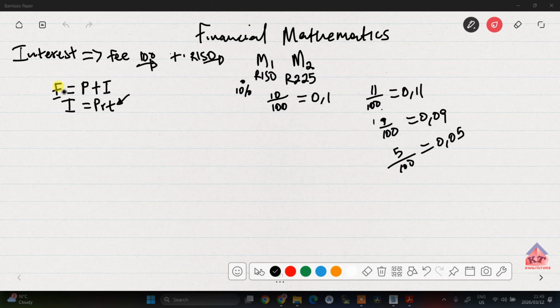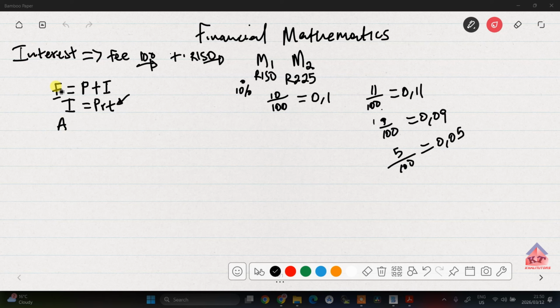You might see in some modules we are going to use S, in some modules we are going to use A, but it's rarely F. In this module we are going to use A to represent the future value or the accumulated sum. So whenever you see A, just know that it's the accumulated sum.